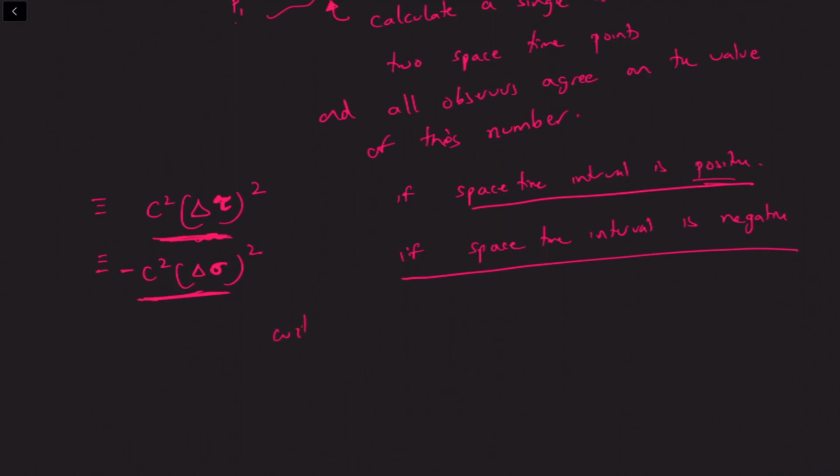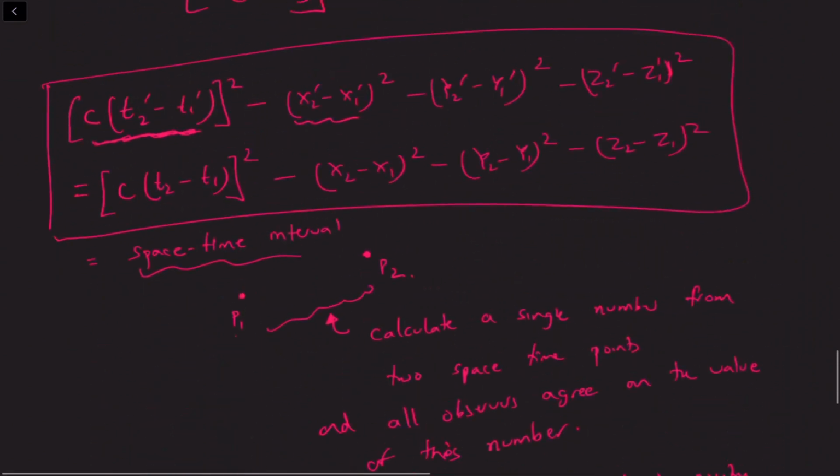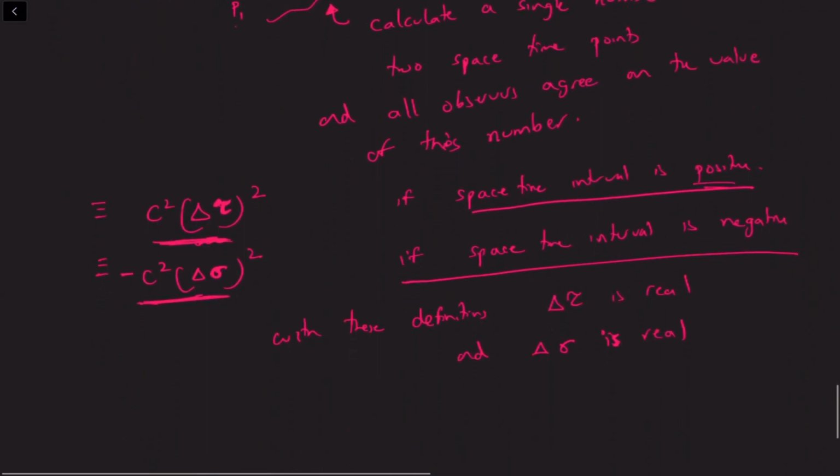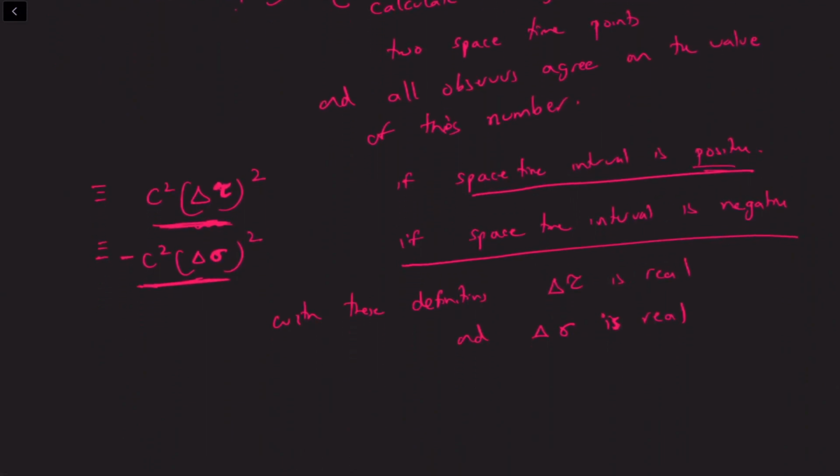So with these definitions, delta tau is real and delta sigma is real. And of course if the spacetime interval is 0, then it doesn't matter which definition you use, delta tau would be 0 and delta sigma would be 0.